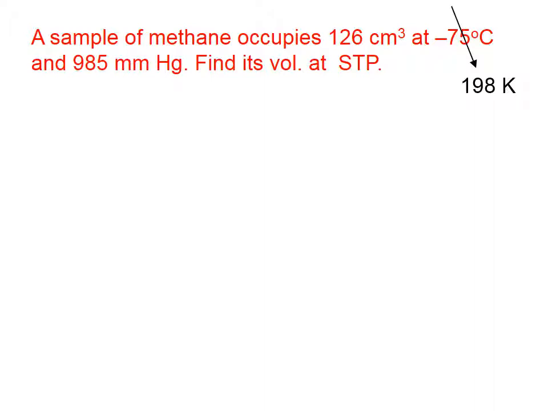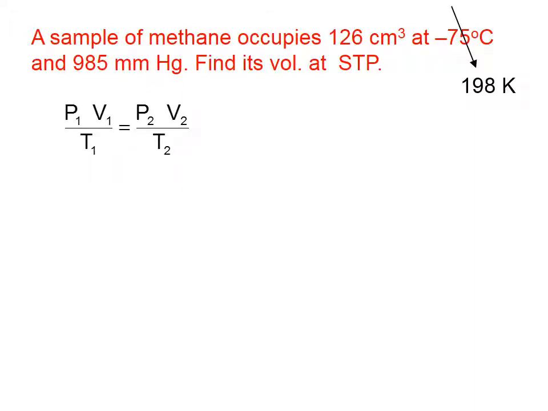Then, although it doesn't specify what kind of a quantity 126 cubic centimeters is, nor does it specify the other quantities, we know from the units what these quantities represent. The 126 cubic centimeters is the volume, the 198 Kelvin is of course the temperature, and the 985 millimeters of mercury is the pressure.